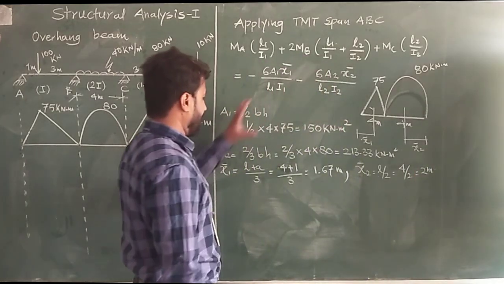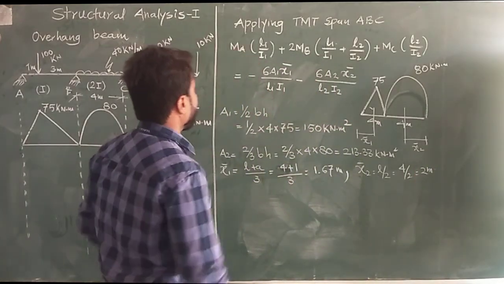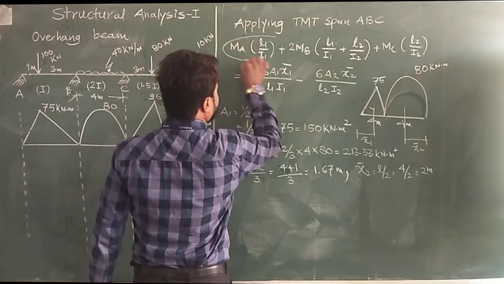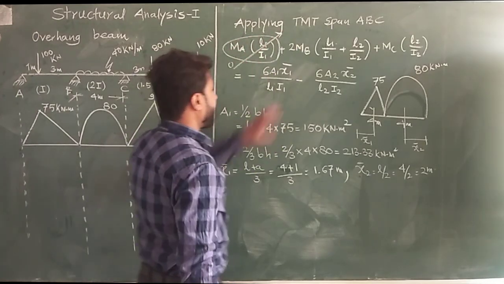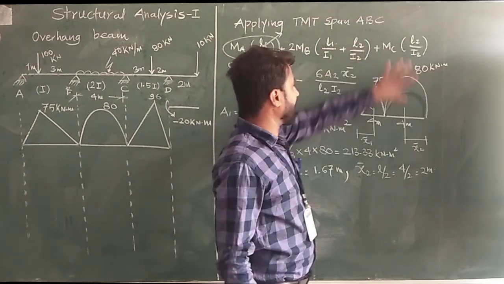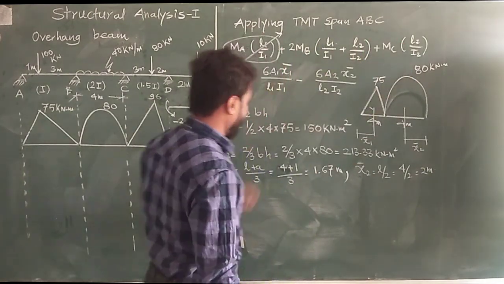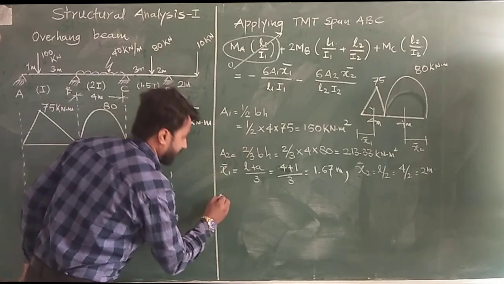By putting these values in this equation, the value of MA will be 0, MB will be unknown, MC will be unknown, and the rest of the values we know, we have calculated. So we will put those values directly.